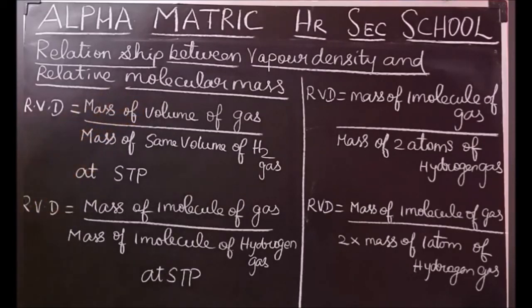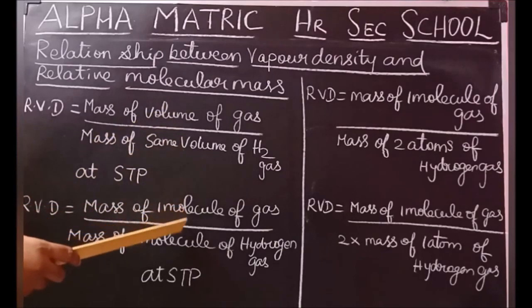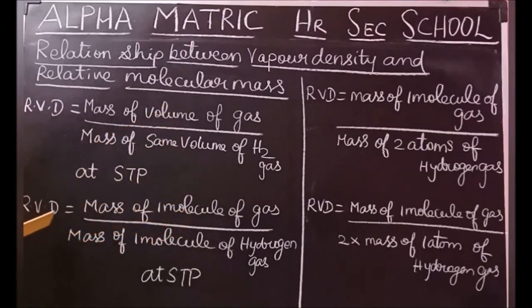Here Avogadro law states that same volume contain a same number of molecules. So the volume can be replaced by molecule. Relative vapor density equal to a mass of one molecule. Why one molecule? The same volume occupies same number of molecules according to Avogadro law.